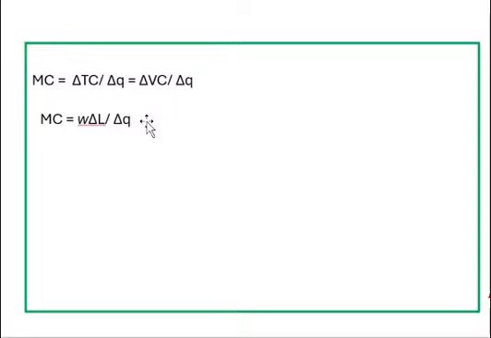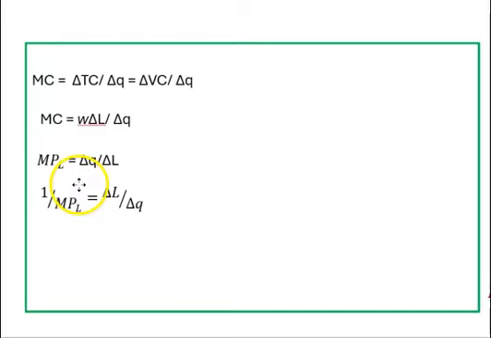But we also know that marginal product of labor equals change in output divided by change in labor. And the inverse of this equation is 1 over marginal product of labor equals change in labor divided by change in output.